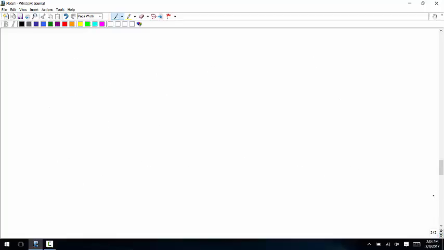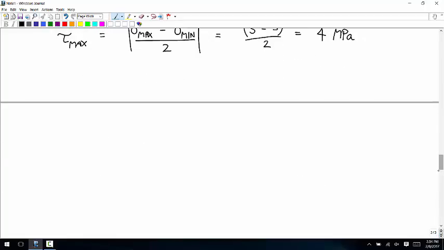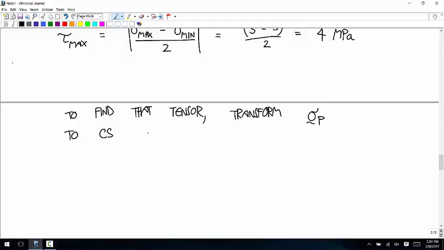And if we wanted the stress tensor, we'd want to transform the principal stress tensor to a coordinate system rotated 45 degrees about the middle axis.